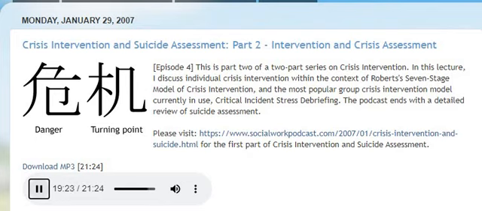In summary, the big 3 areas to cover in a suicide assessment are suicidal ideation, that is thoughts of suicide, suicidal intent, that would be motivation to die by suicide, and plan, which looks at how and when somebody's going to try to kill themselves.